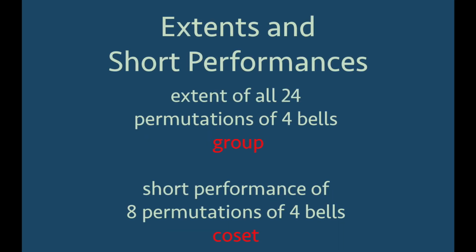The longer and shorter performances were early examples of what we learn about groups in algebra, and some of the things we learn in linear algebra, like vector spaces and transformations, also have ties to what is later learned in group theory.